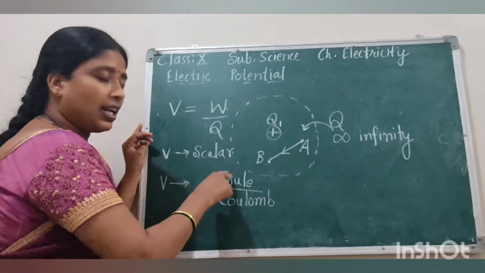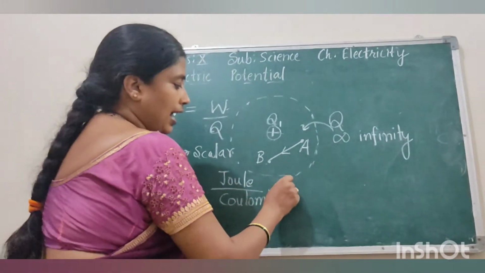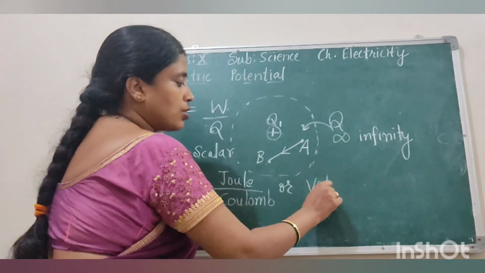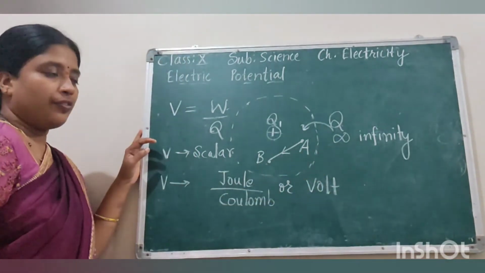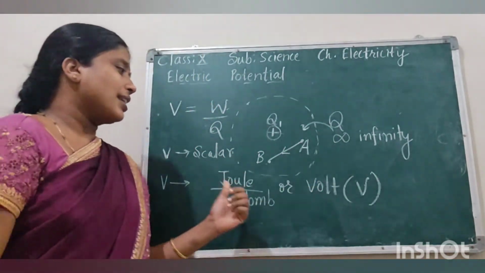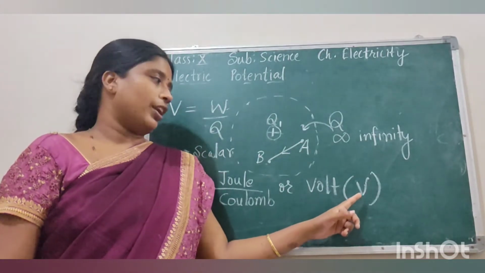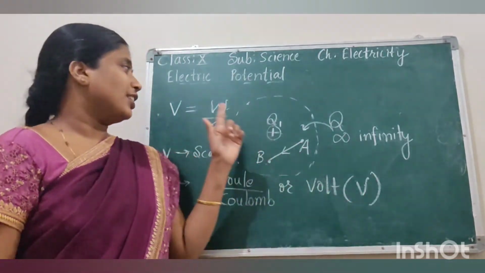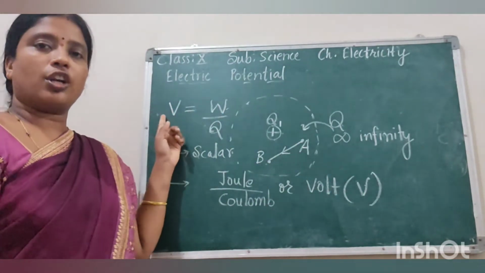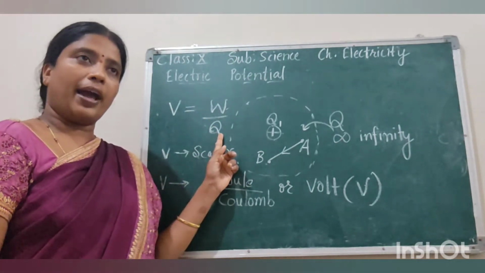There is another name for joule per coulomb, and that is known as volt, which is denoted by capital V. So the SI unit of potential difference or electric potential is volt, and the formula for electric potential or potential difference will be V is equal to W by Q.